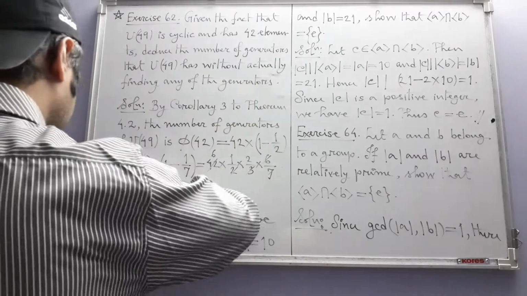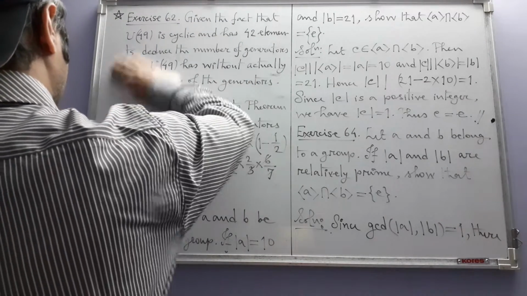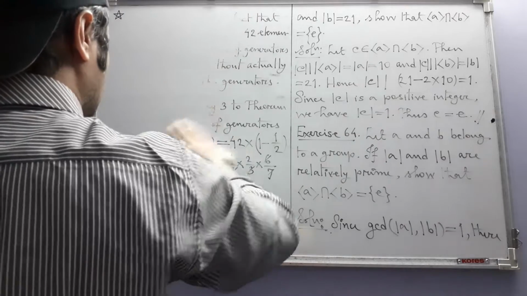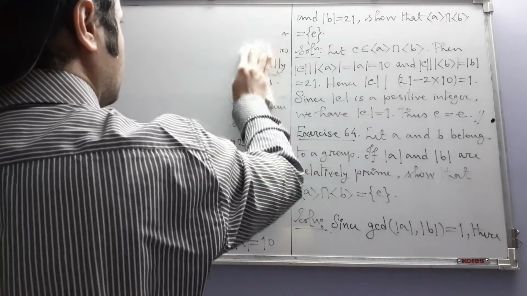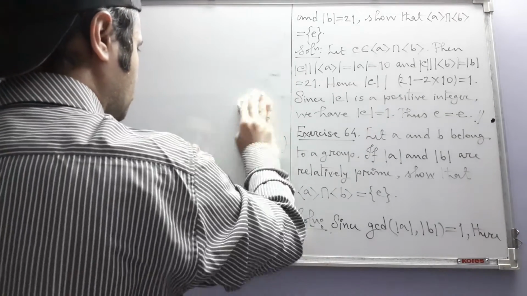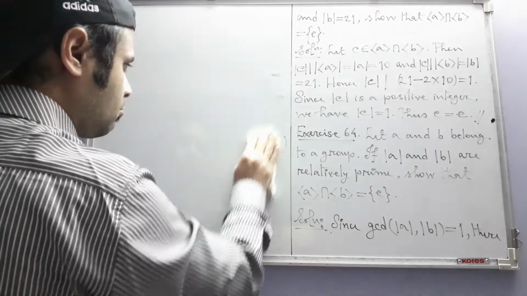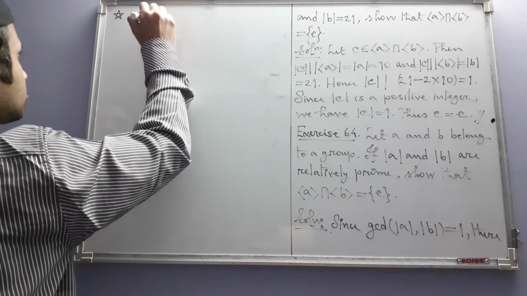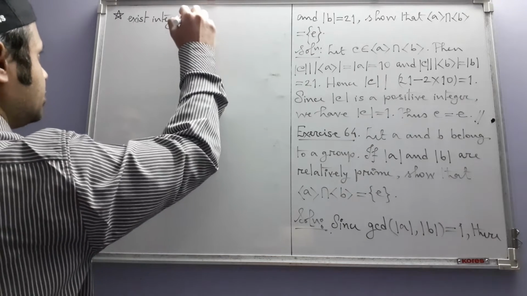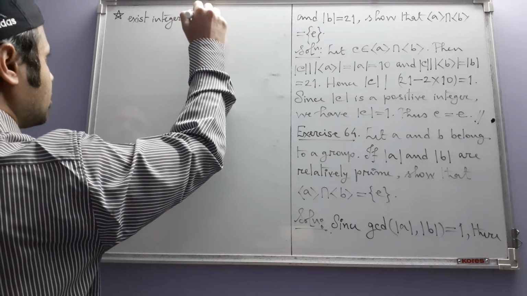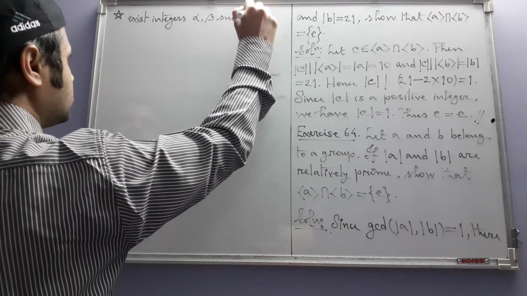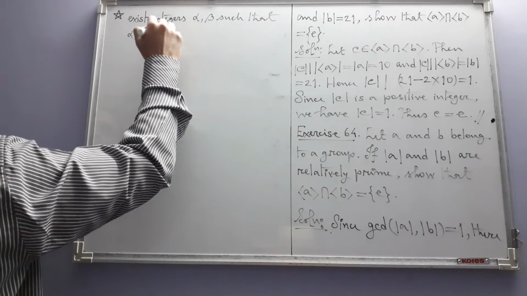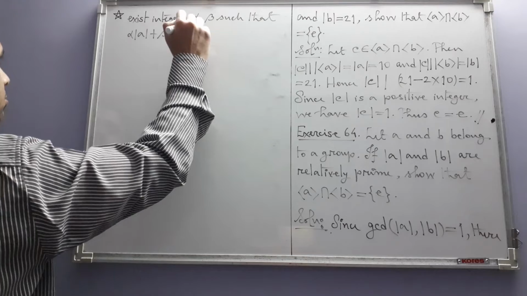So there exist integers, say alpha and beta, such that alpha times the order of A plus beta times the order of B equals 1.